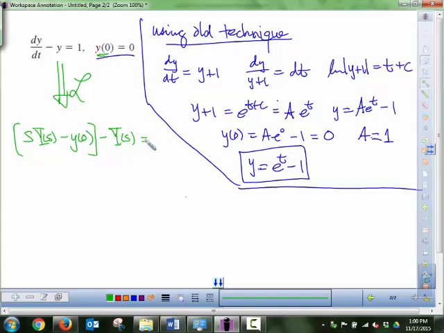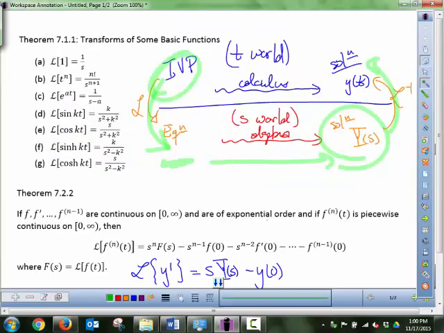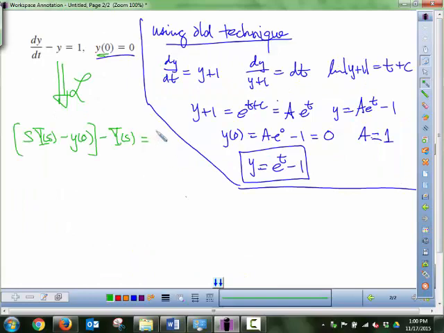And then this is supposed to equal to 1. And let's take 1 through the Laplace transform. A Laplace transform of 1 is 1 over S. Okay, so this is dy dt, this is y, and this is 1.